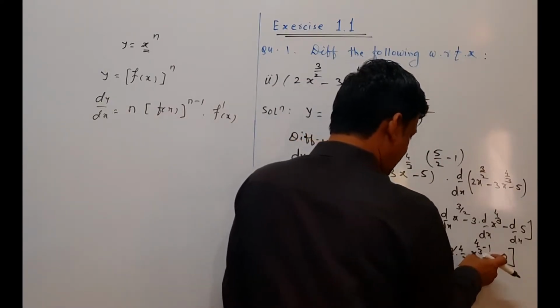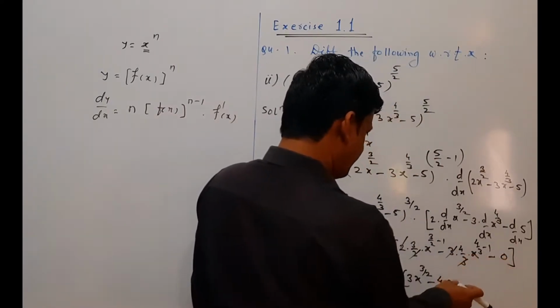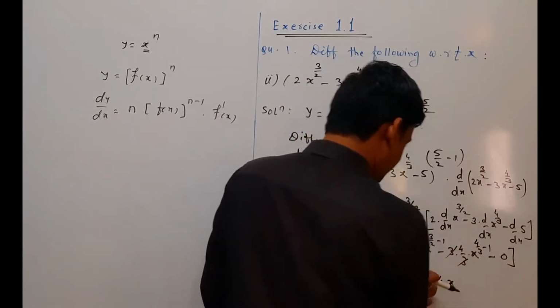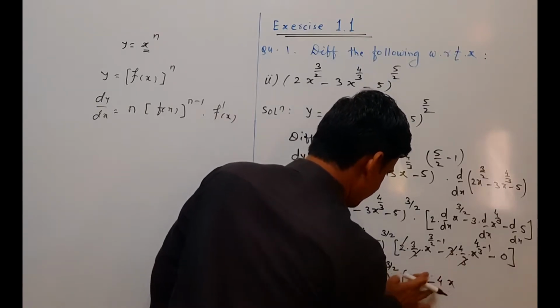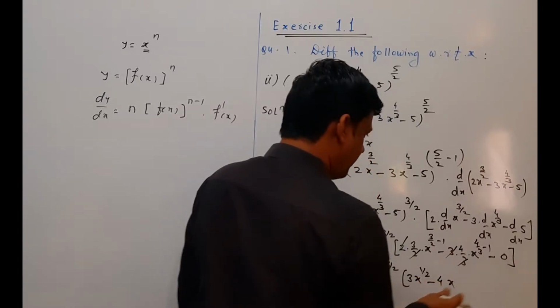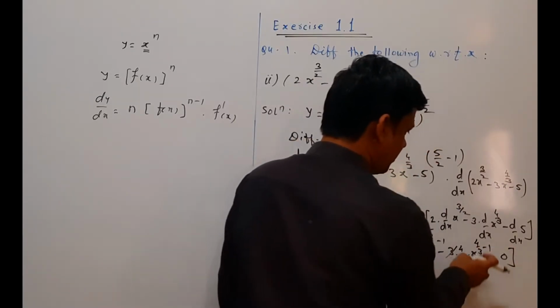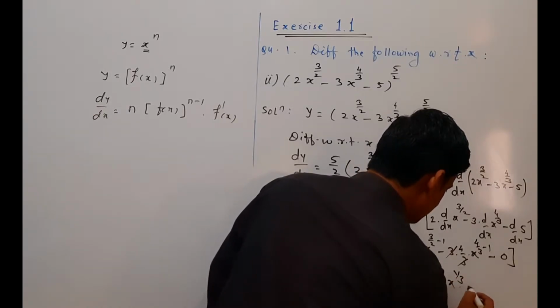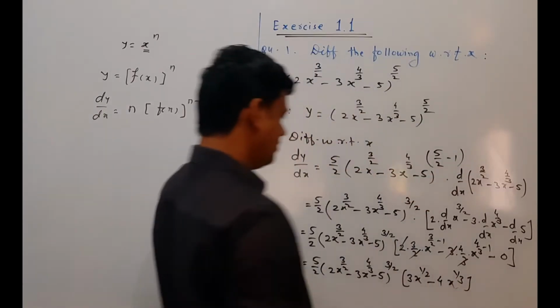So when we cross multiply this, we get here 3 by 2 minus 1, we write this power as, after cross multiplication 3 minus 2 we get 1, so we write x raised to the power 1 by 2. Here also after cross multiplication 4 minus 3 we get 1, so we write 1 by 3 minus 0, so we will not write the 0.